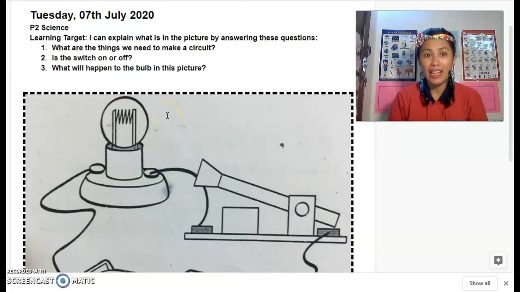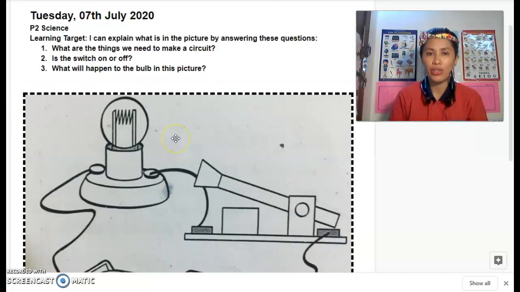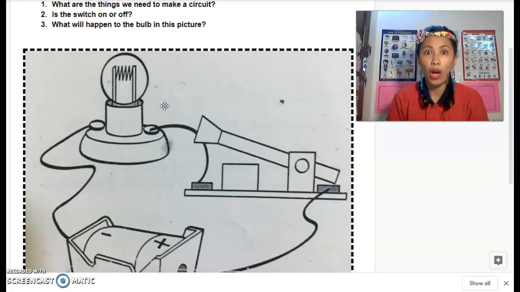So the same as yesterday, we talked about this picture, right? This kind of picture. So this activity will help you again explain for your project.